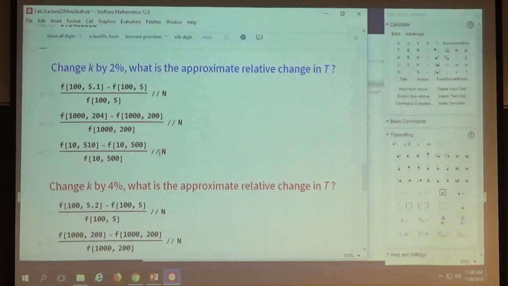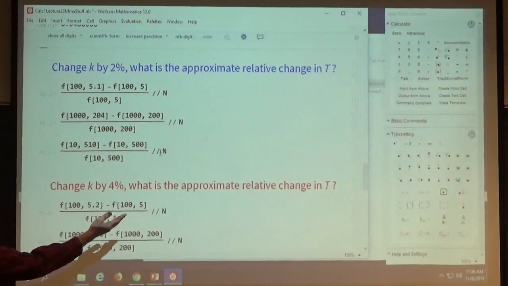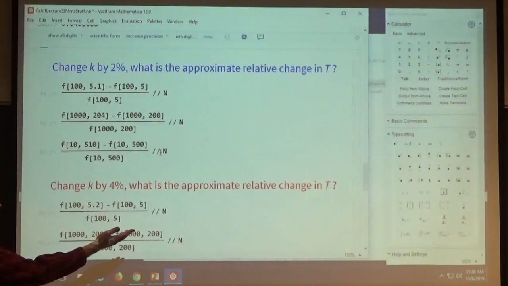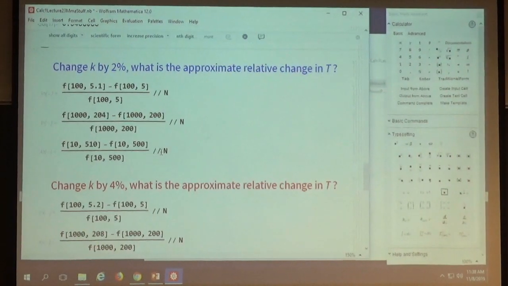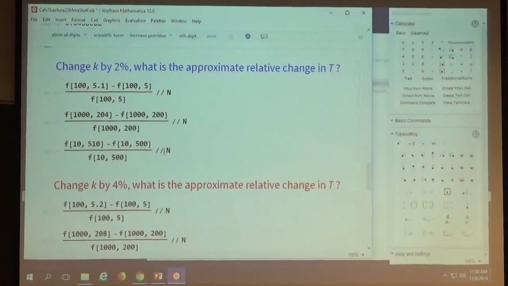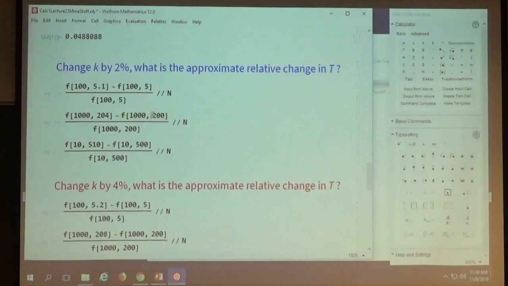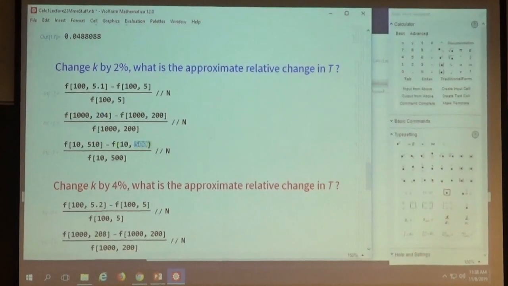Same kind of things can happen with k. I can increase k by 2%. What's the approximate relative change in the period? It should be negative 1%. So all these numbers, where I'm increasing k by 2%, for example, from 5 to 5.1, or 200 to 204, those are 2% increases in k, 500 to 510.